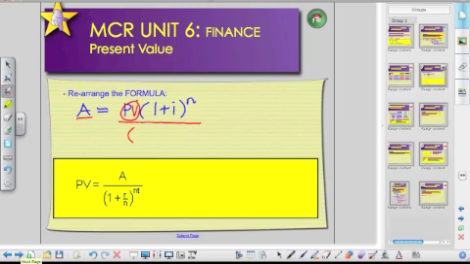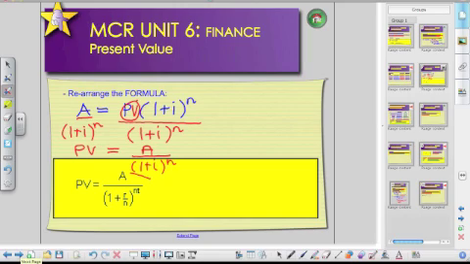So that would involve dividing both sides by 1 plus I to the power of N. And that gives me P, or PV, the present value, is equal to A divided by 1 plus I to the power of N.